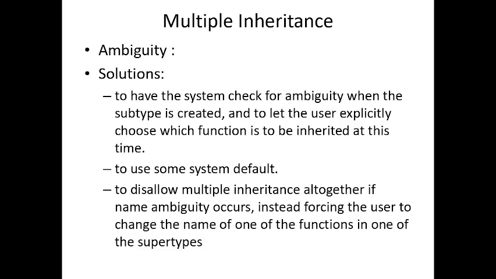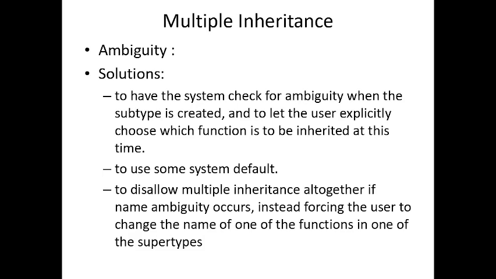A third solution is to disallow multiple inheritance altogether if name ambiguity occurs, instead forcing the user to change the name of one of the functions in one of the supertypes. Some OO systems do not permit multiple inheritance at all.